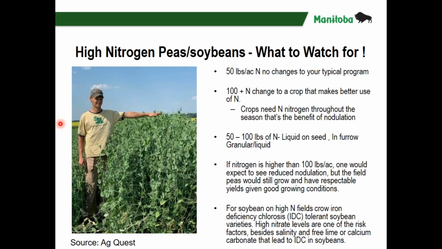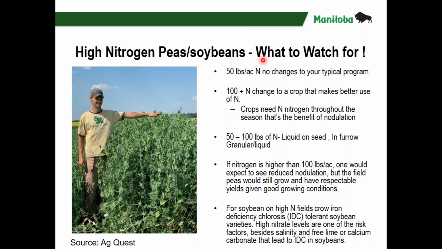One of the things we're looking for, whether in peas or in soybeans: if you have 50 pounds of nitrogen residual, follow your typical program. No real changes as far as whether or not you grow peas or soybeans on that piece of ground.